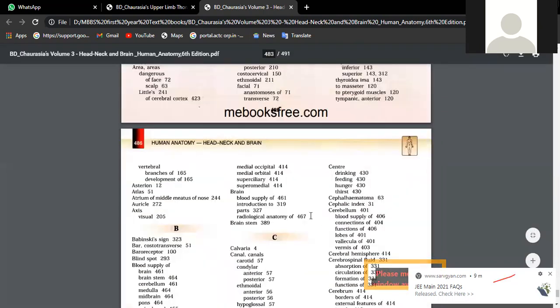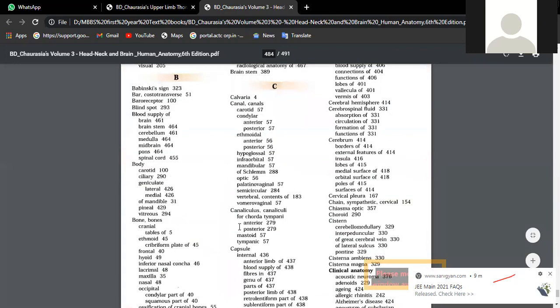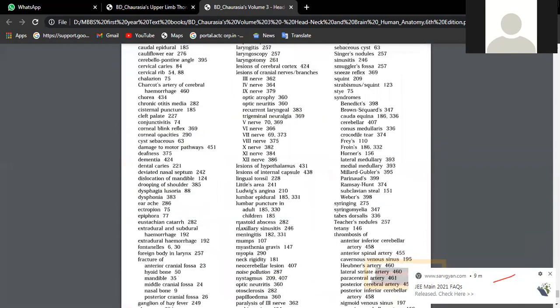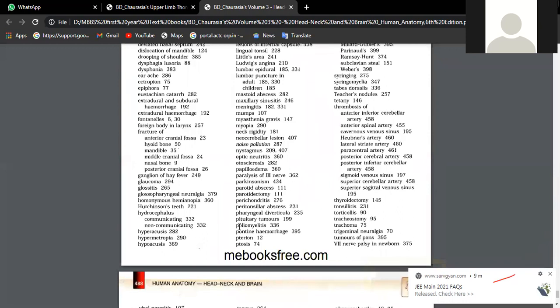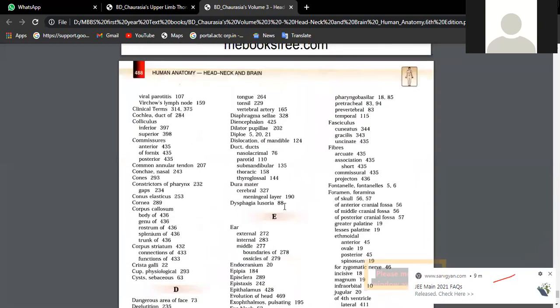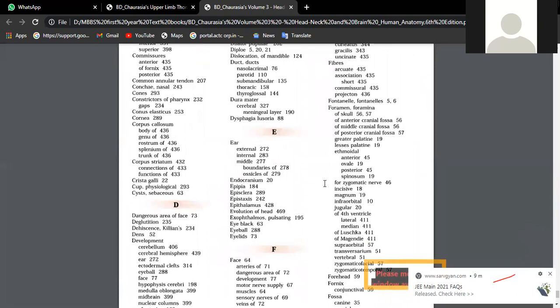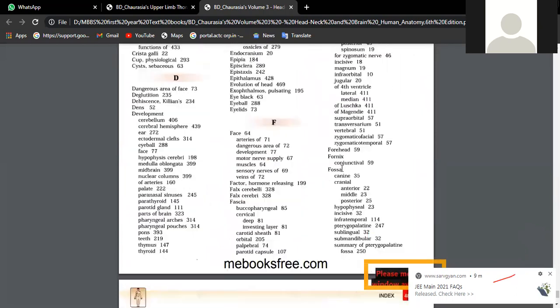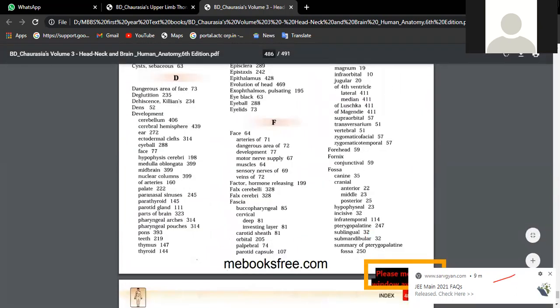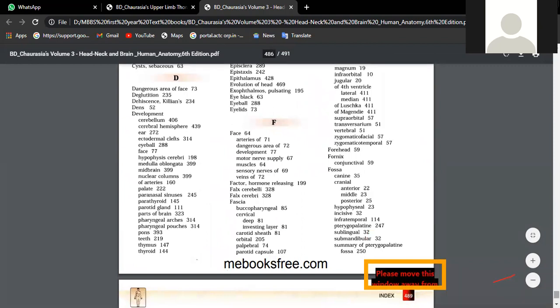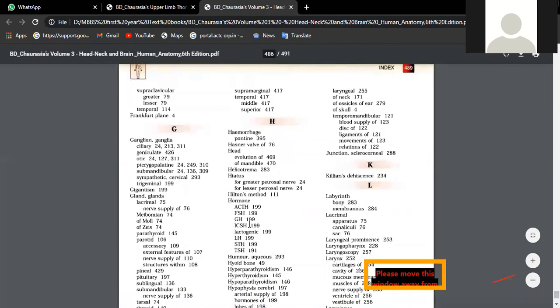Fornix, where do we see? Chavi? Fornix. Ritika. Not conjunctival fornix. Okay. Cerebellar peduncles. We'll see first.